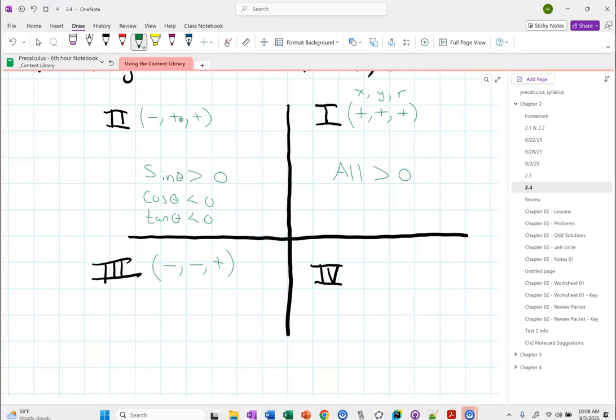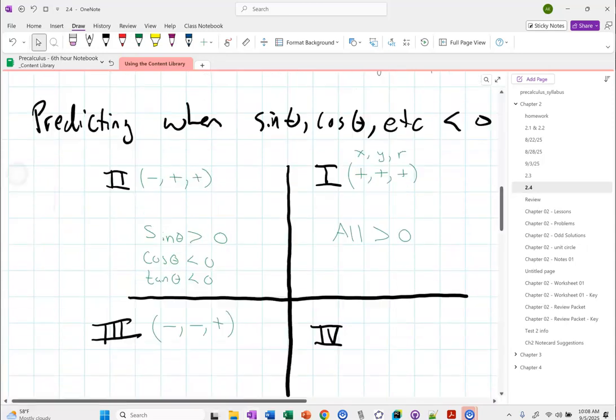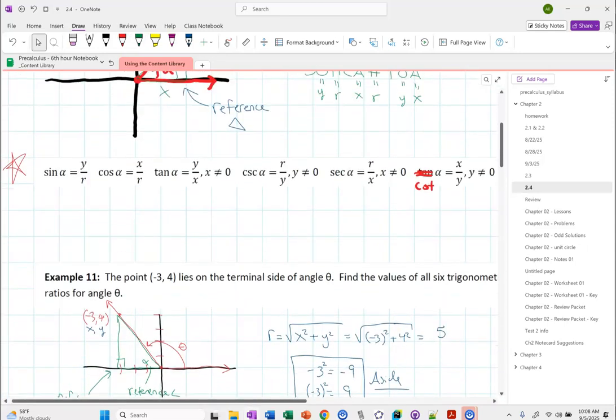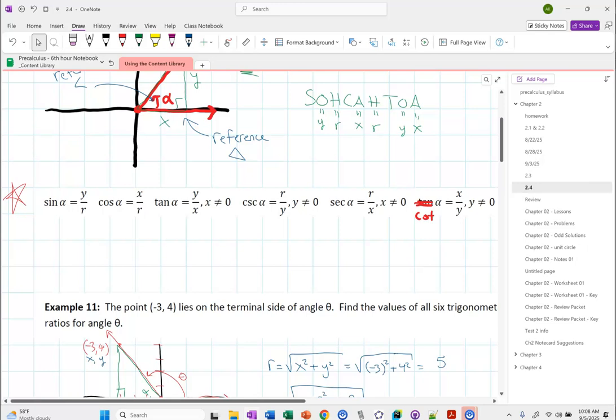So x is negative, y is negative, and r is positive, so I have negative over positive, so sine's negative. Negative over positive, cosine's negative. Negative over negative, that's positive. Tangent would be positive.